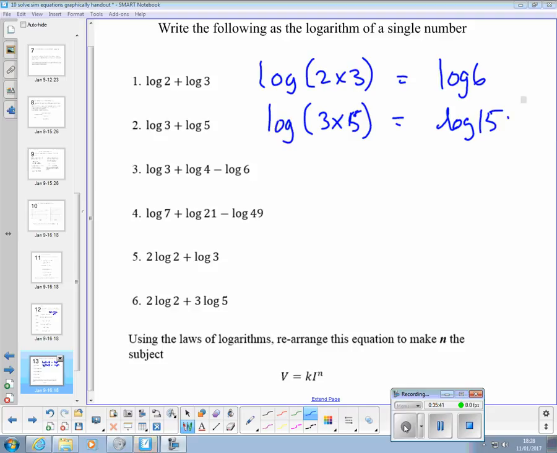This one, log of 3 times 4, equals log of 12.